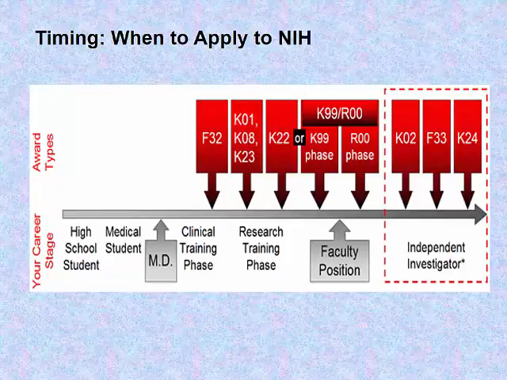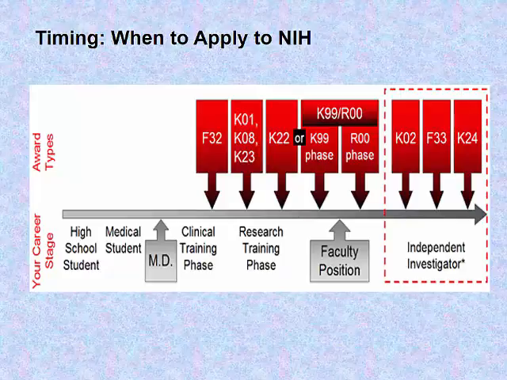Now, there are a lot of other types of awards too. So when you're applying to NIH, some of you, if you've completed a research fellowship, might have been on an F-32. These are training grants that are awarded to institutions.